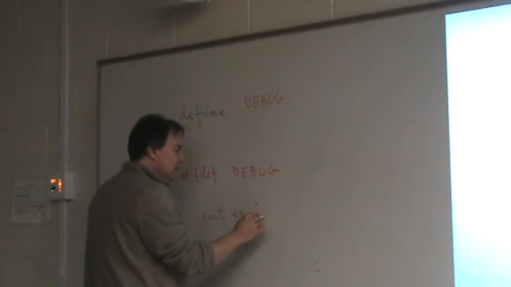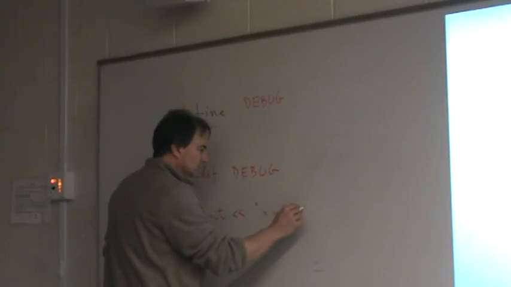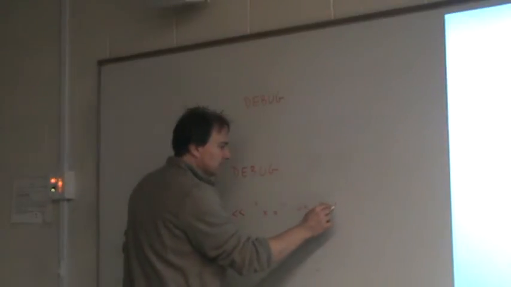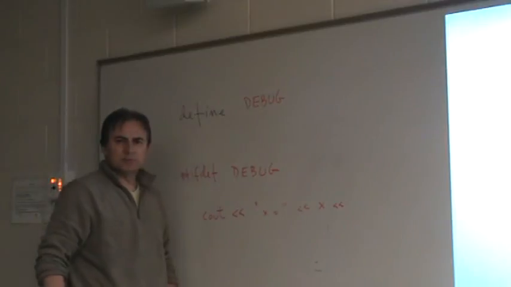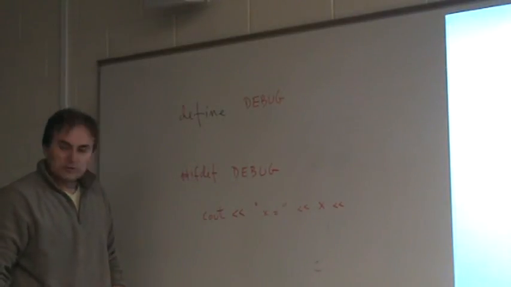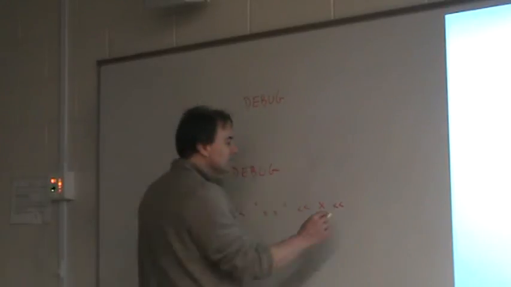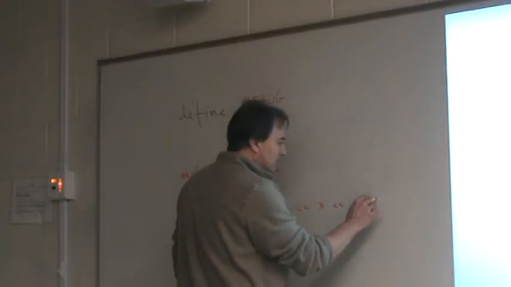I'm going to say x is equal to, x. How do you create a new line in C++? endl.